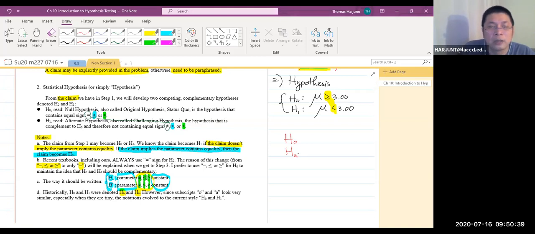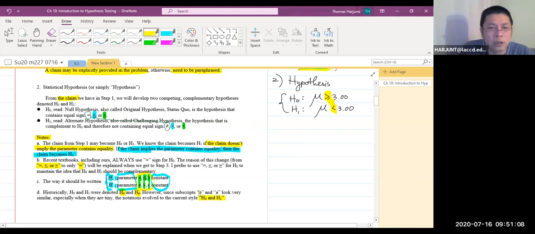Because of that, to prevent misreading, they actually changed this to 0 and this to 1. Now if you read an older textbook, they still use H sub 0 and H sub A. If you do so, I cannot mark you wrong. I want to, but I cannot. But the current notation being used is H sub 0, H sub 1.